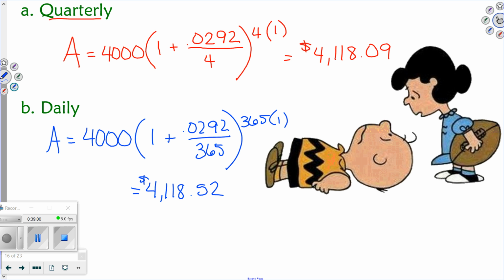It's a much lower interest rate. So before I was looking at like 5 years. Now I'm looking at 1 year. Before I had a 9%. This time I have a 2.92%. Right. So less interest rate. It's less amount of time. So you're going to see a smaller change. 2.92 is still pretty high. Yes. That's a really good interest rate.